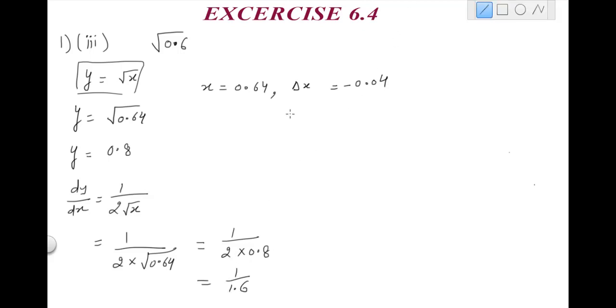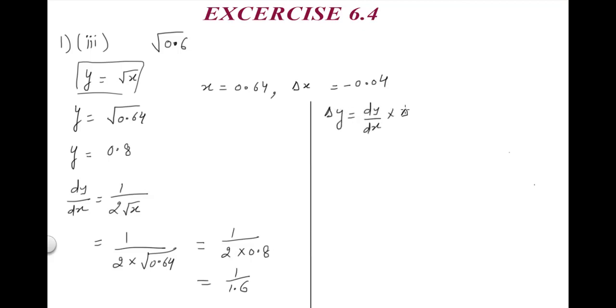Now we will solve delta y. How do we calculate delta y? We have to use the formula that we discussed yesterday. It is dy by dx multiplied with delta x. dy by dx is coming as 1 upon 1.6 multiplied with delta x, which is minus 0.04. Now we will solve it.